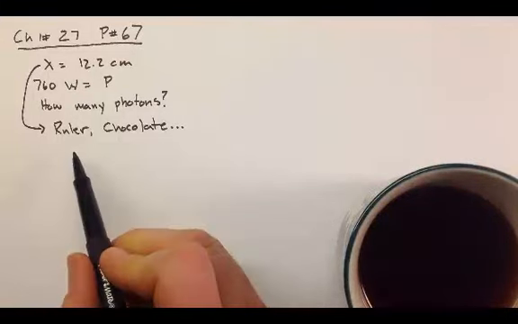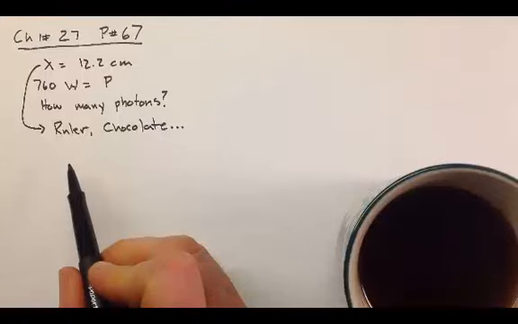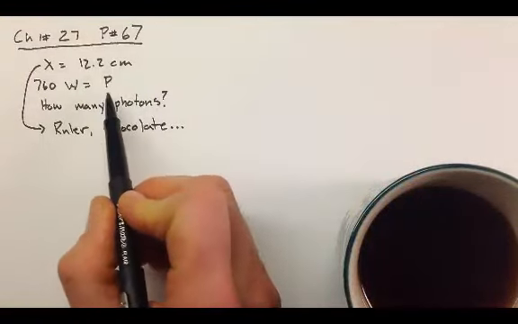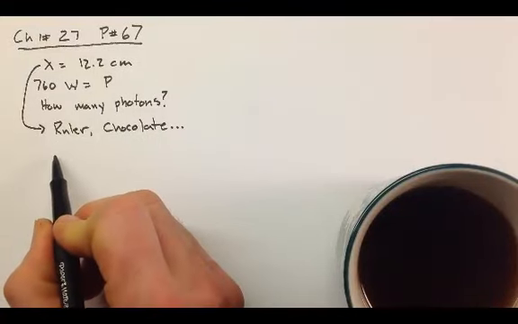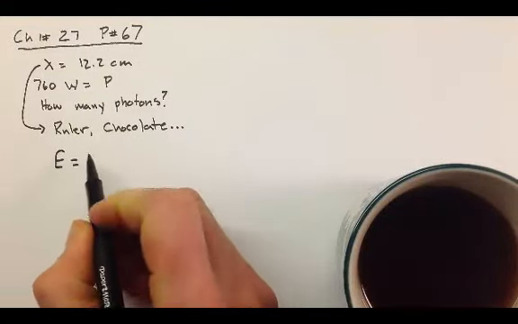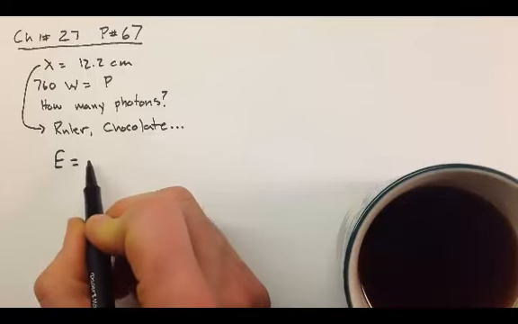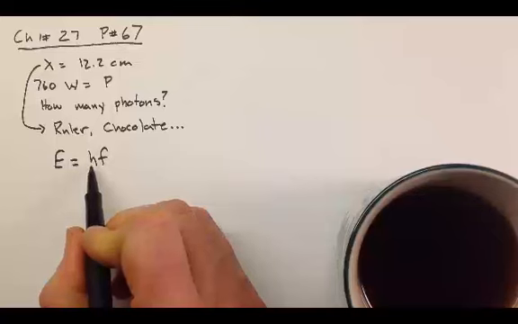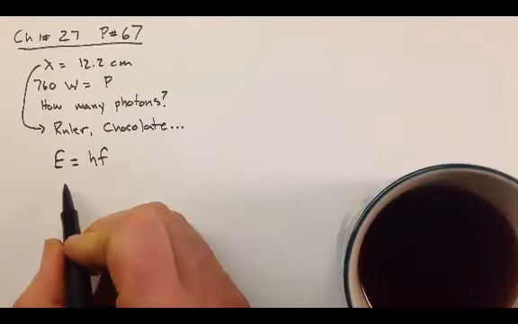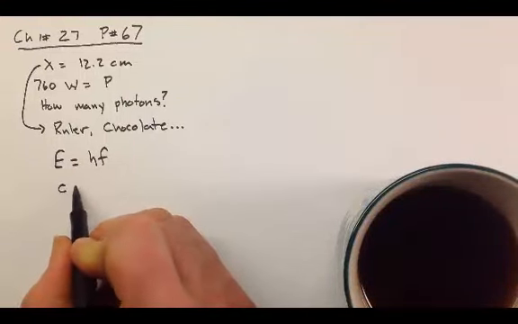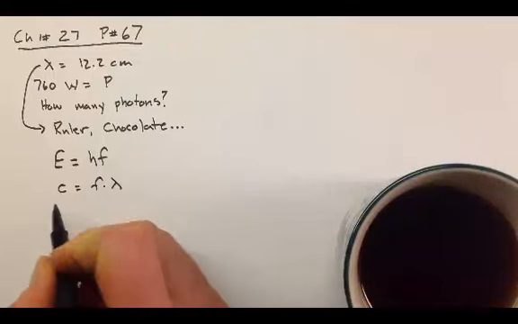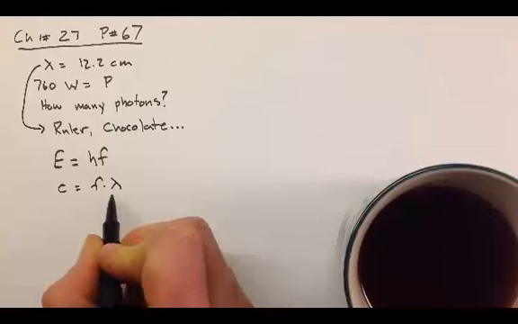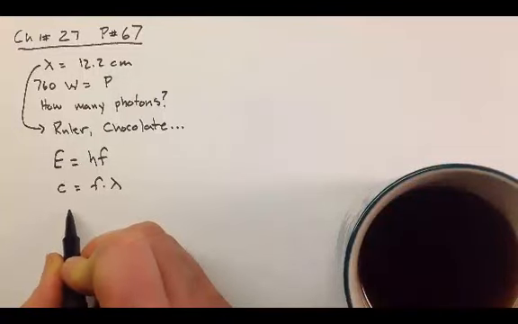But anyway, let's get back to the problem at hand here. Before we tackle the problem of how many photons in 760 watts, how about we calculate the energy of just one microwave photon? We remember that the energy of a photon is equal to Planck's constant times the frequency. Now, we are not given the frequency of this photon here, but we remember that the speed of any wave is equal to its frequency times its wavelength.